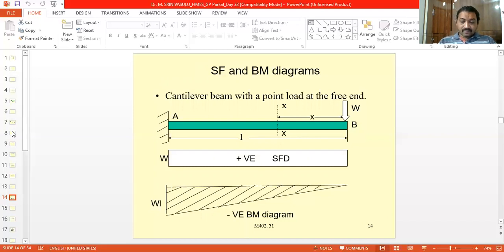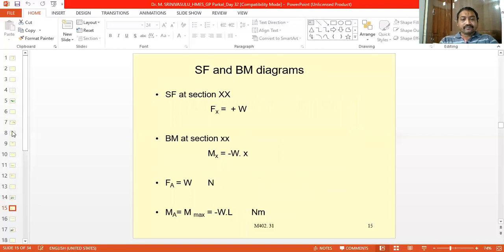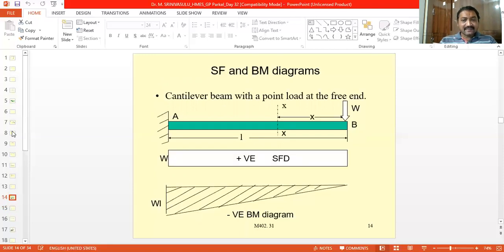Now here we have the salient points. What are the salient points in this beam? There are two ends, and generally we have two ends for any beam, so these are important salient points. In addition to these two points, we may also have some other points.